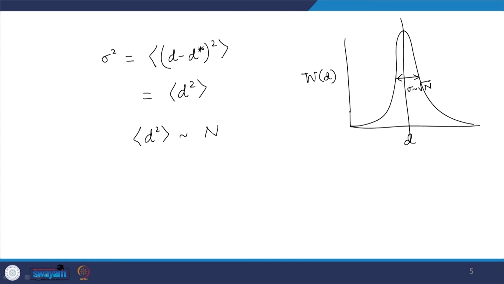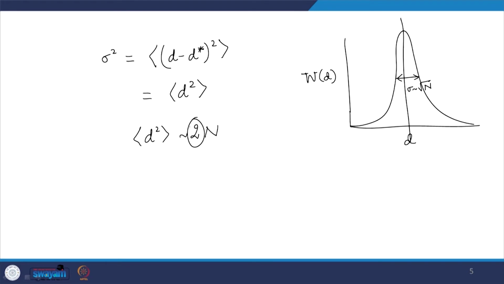We have to be slightly careful here, because the plus displacement and the minus displacement, the plus d and minus d, give the same value of d square, and therefore, there will be a factor of 2 that will come in here, but that is beside the point. The main point is that my mean square displacement is going like the number of steps that I am making.